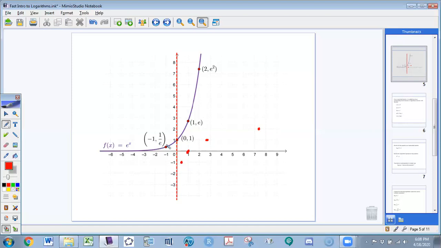I'd get 1 divided by e squared, which is about a seventh, and negative 2, for example. And there is the inverse of the e to the x graph. Thank you for your patience with my drawing here. So here's my inverse.